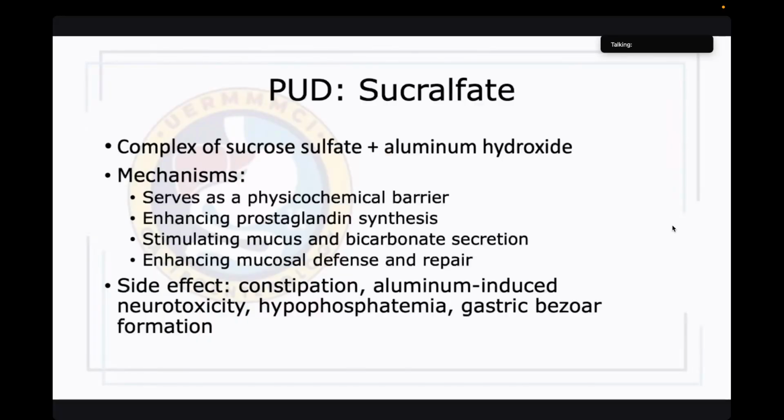The most common side effect is constipation, although there have been reports of aluminum-induced neurotoxicity, specifically in patients with chronic renal insufficiency, as well as hypophosphatemia and gastric bezoar formation.